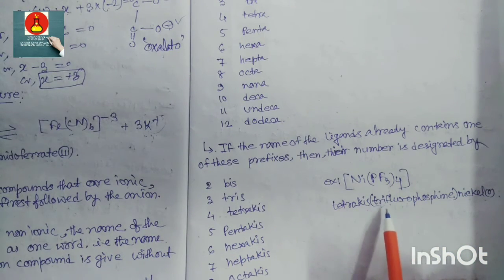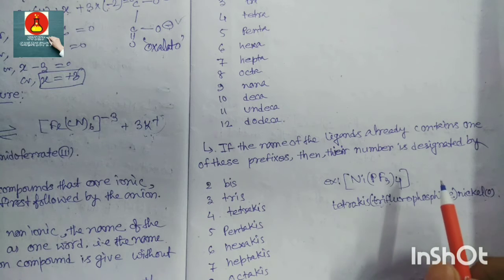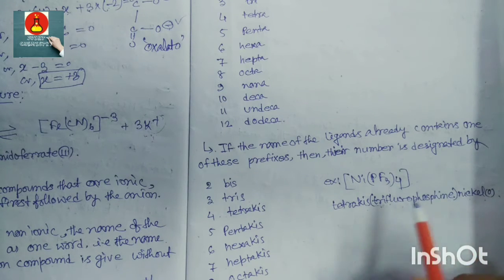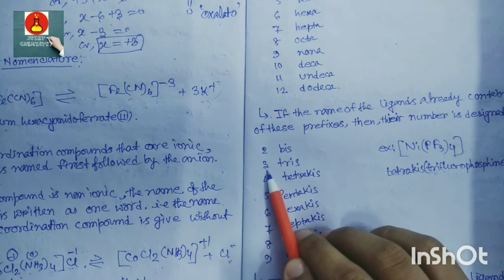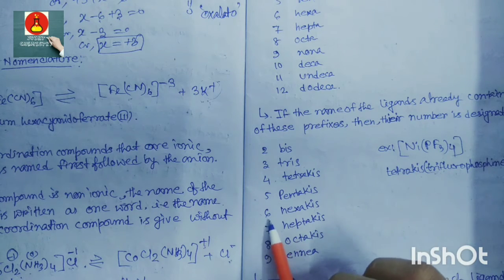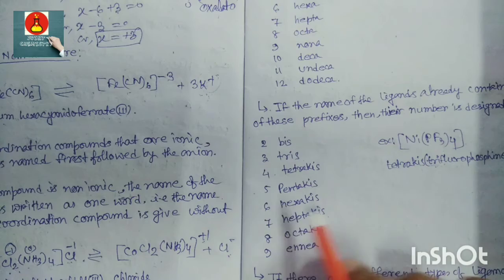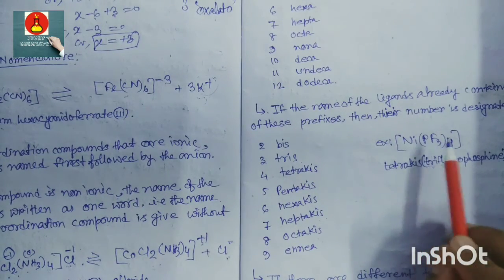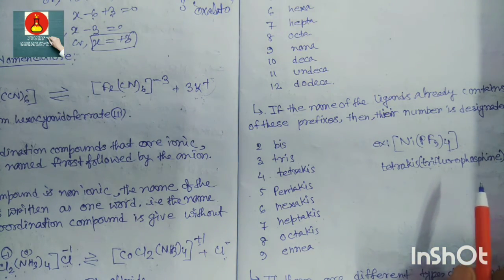So for those ligands which already contain this tri, di, penta, hexa kind of prefix, we cannot designate their numbers by those prefixes. Okay, so we have to designate their numbers by, for 2 it is bis, for 3 tris, for 4 tetrakis, 5 pentakis, 6 hexakis, 7 heptakis, 8 octakis, and 9 enneakis. Okay, so these are the prefixes which are used for those kind of ligands which already contain this di, tri, tetra, penta kind of prefixes. Okay.